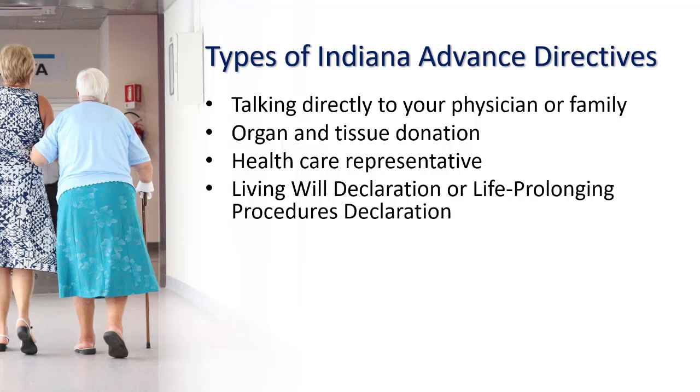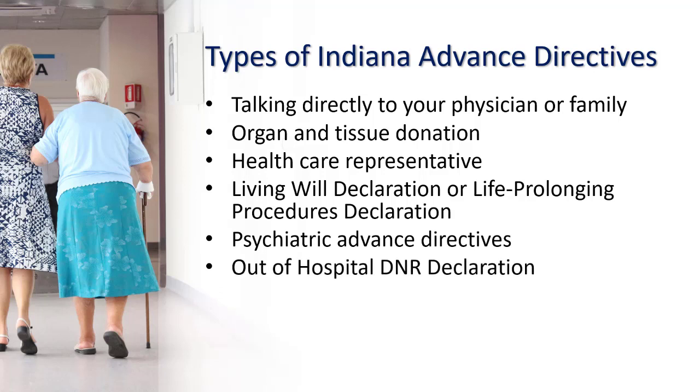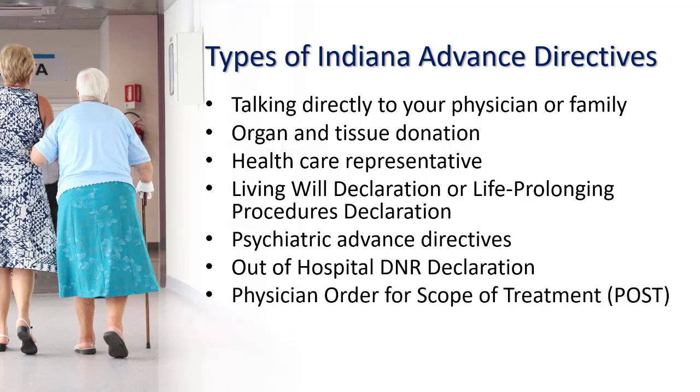There are living will declarations or life-prolonging procedures declarations. A psychiatric advanced directive. An out-of-hospital DNR or do not resuscitate declaration. The physician order for scope of treatment, or the POST, and power of attorney.